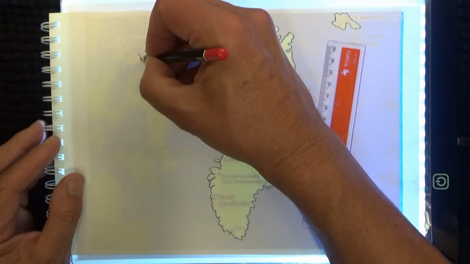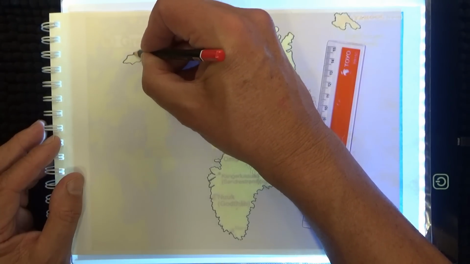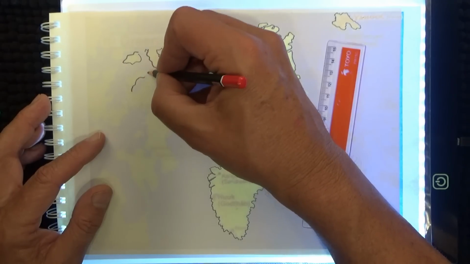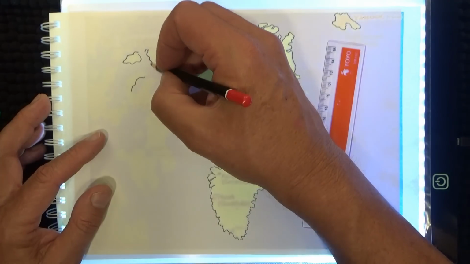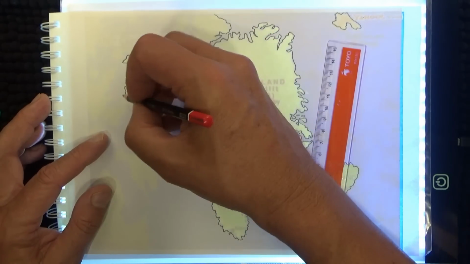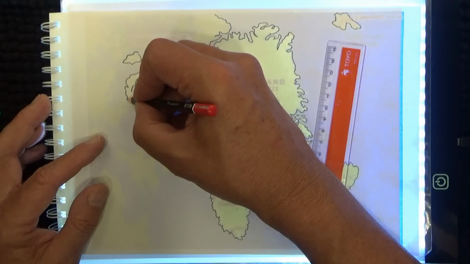They actually called it Greenland to sort of conjure up this place that's pleasant to be in, a pleasant place to live.